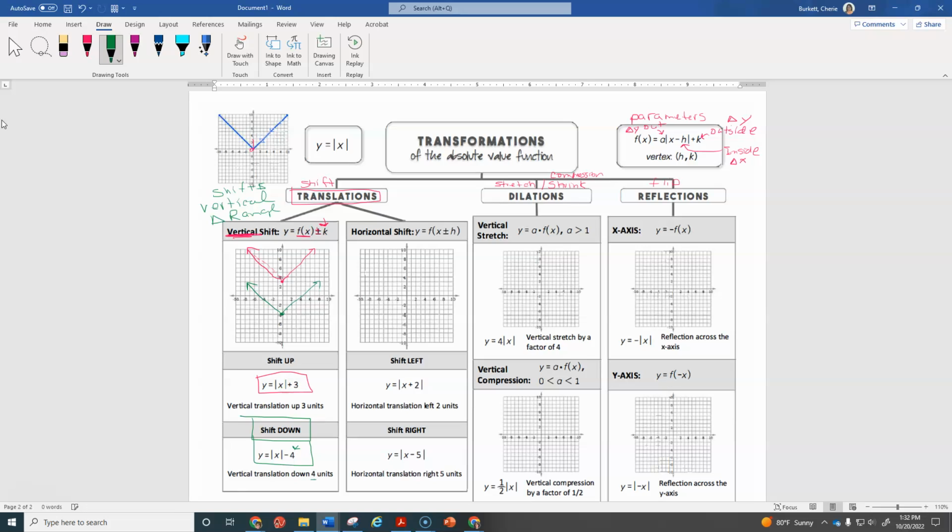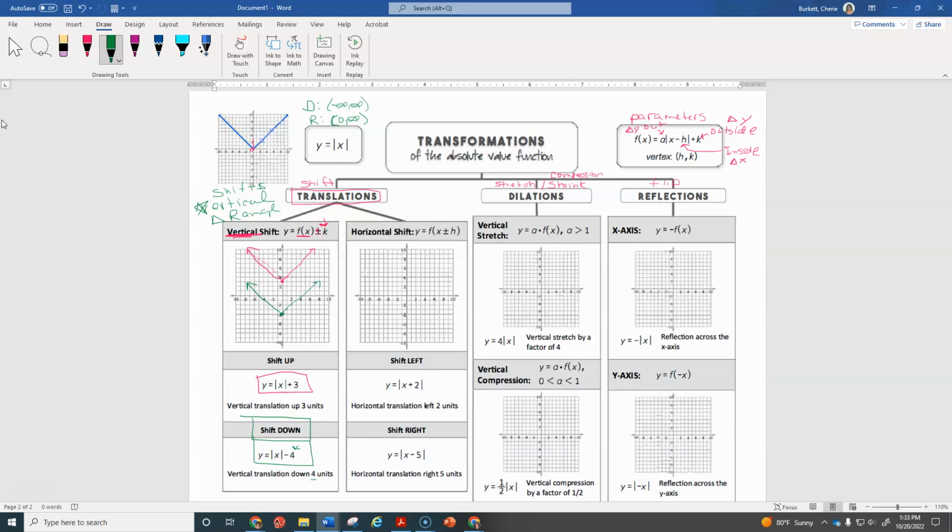So if you have memorized that the range of an absolute value function, remember the domain is all real numbers, negative infinity to positive infinity, and that's always the truth. For the range of the parent function, we said it started at 0 and went to infinity. So if you have that memorized, you also have to remember that if it has a vertical shift, then we're going to change the range.